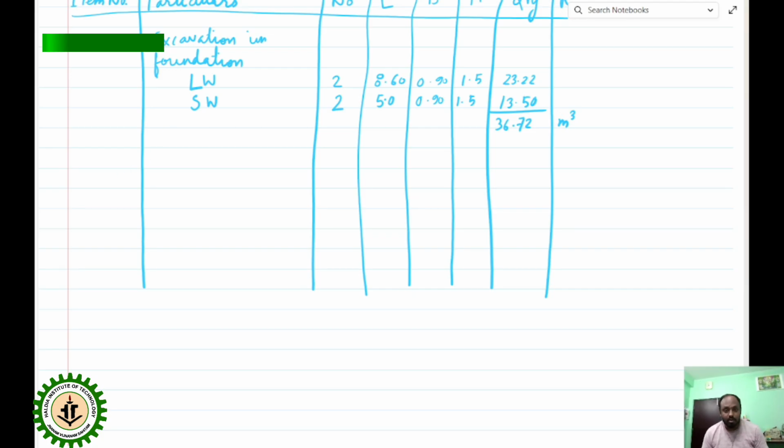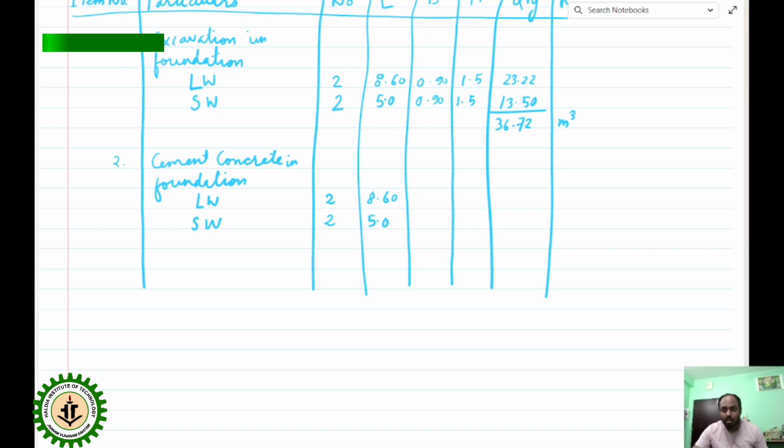Right. Now, the second quantity, that is cement concrete. Cement concrete in foundation. Similarly, here also long wall as well as short wall. There are two long walls, two short walls. Length will be same, 8.60, 5.0.